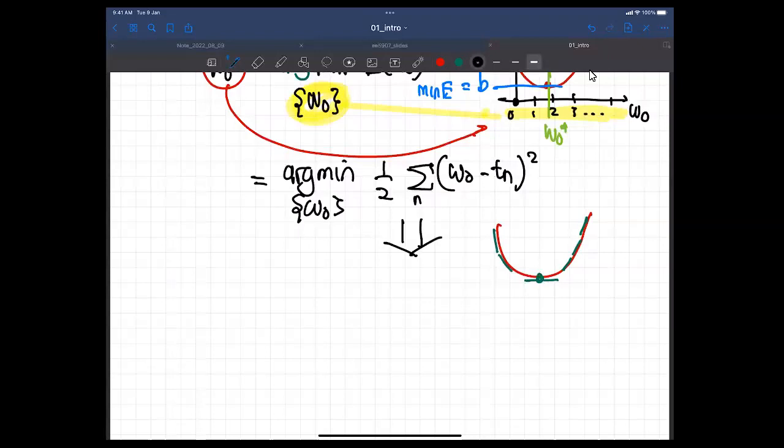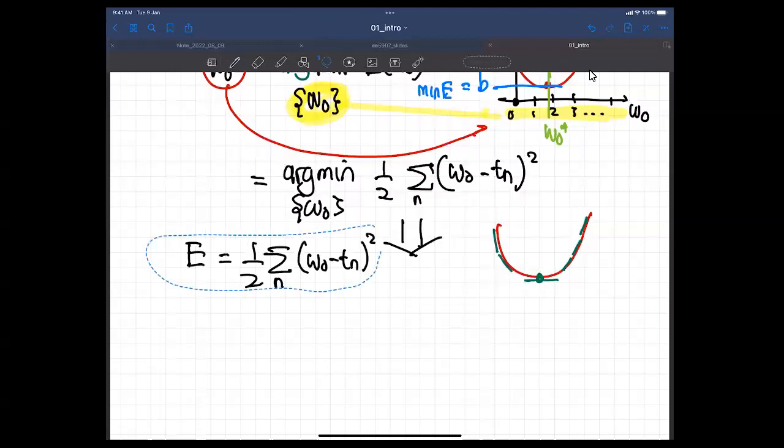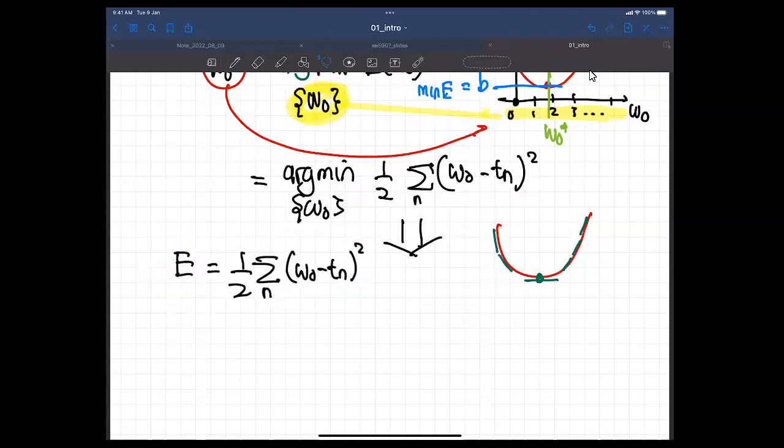If I have E as a function equal to 1 over 2 sum over n of (W0 minus Tn) squared, then the derivative of E, because this curve here is E basically. If you want to know the gradient of E, what we define as the gradient of E is dE/dW0. This is the meaning of gradient.